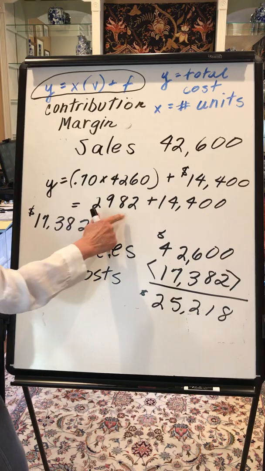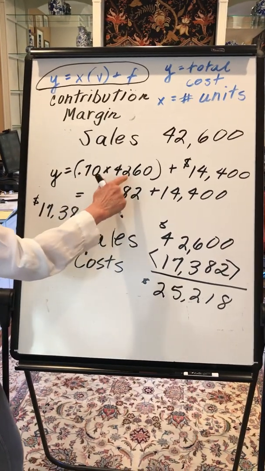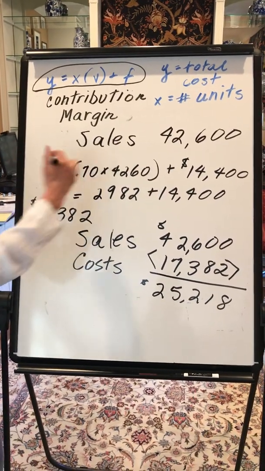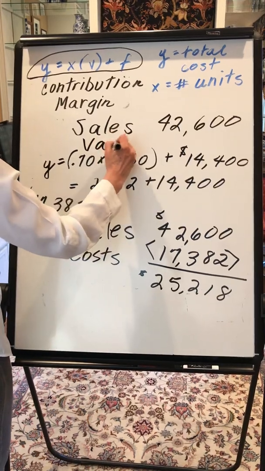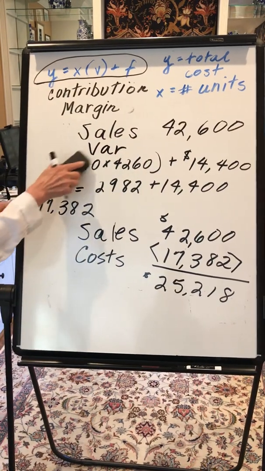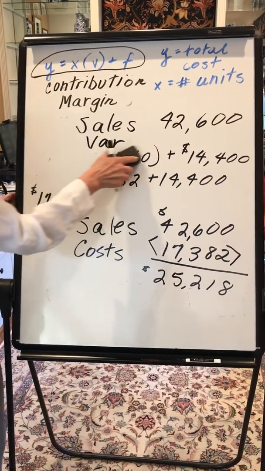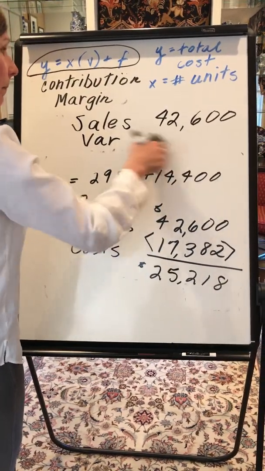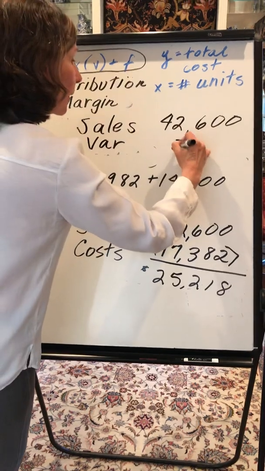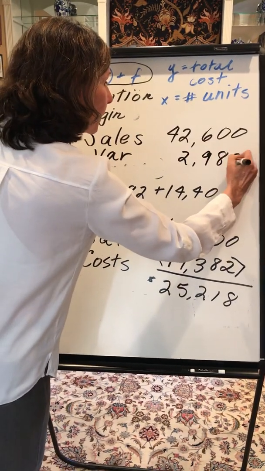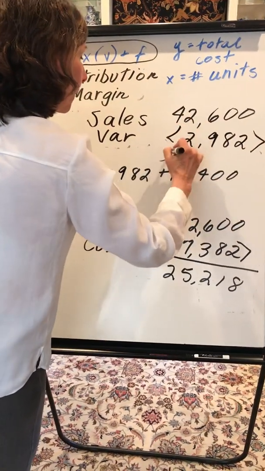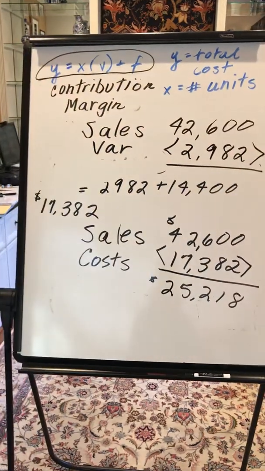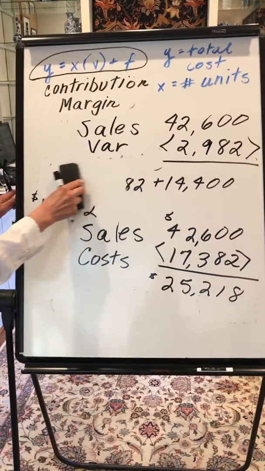So 70 cents times 42.60, which we already know, 29.82. So this is their contribution margin.